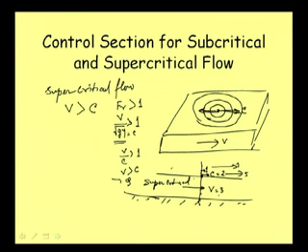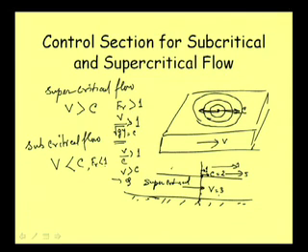But in case of subcritical flow, V is less than or equal to C, because the Froude number is less than or equal to 1 in subcritical flow.